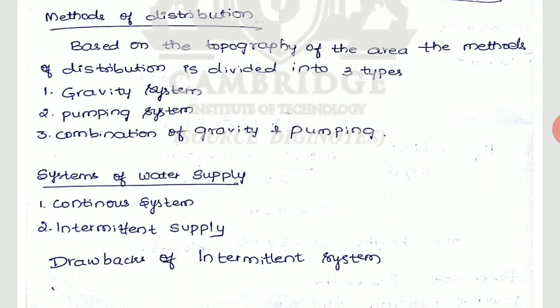Where the slope is there, water will flow from the higher altitude to lower altitude, and when it reaches the lower altitude, it should be pumped again to reach the higher altitude. In this case, both gravity and pumping arrangement should be there. That's why this system is called combination of gravity and pumping. This totally depends on the topography.